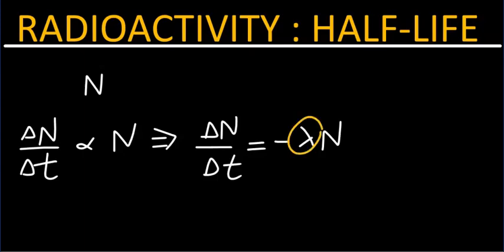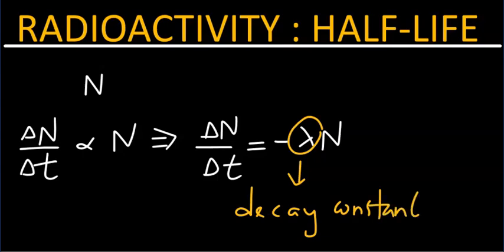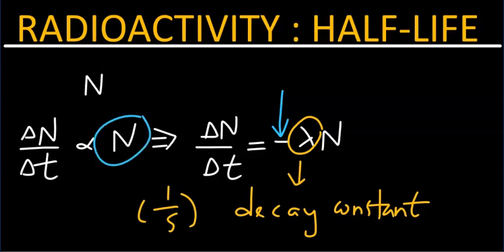This constant of proportionality, lambda, is also known as the decay constant. And as you will see, it has a unit of 1 over seconds. This negative sign signifies that N decreases with time. That is, this delta N here, the change in the number of nuclei, is negative, as it should be.